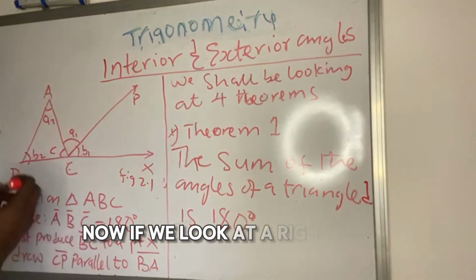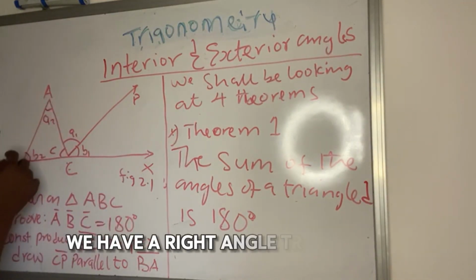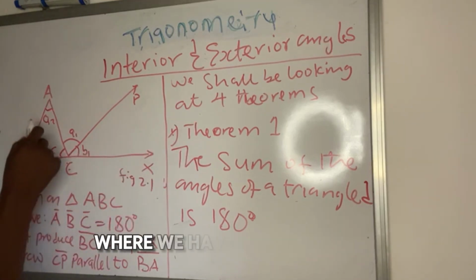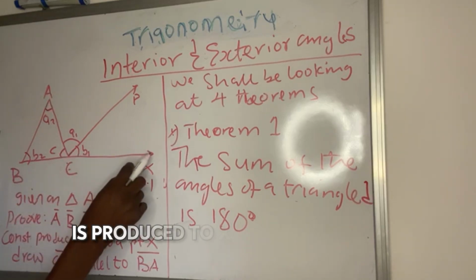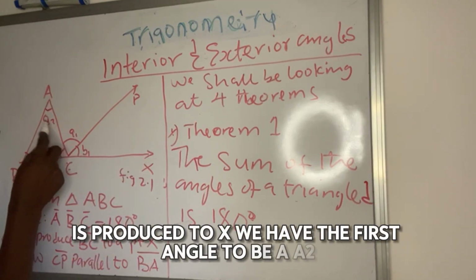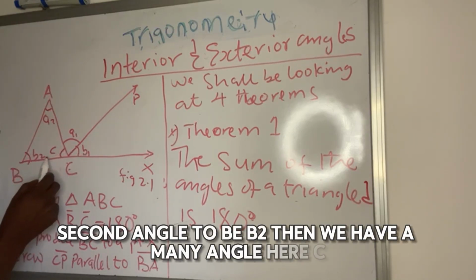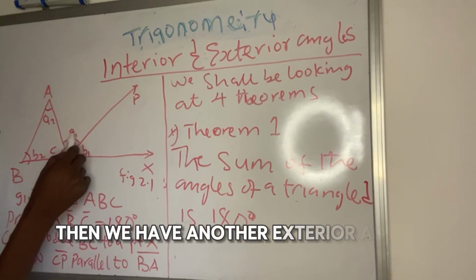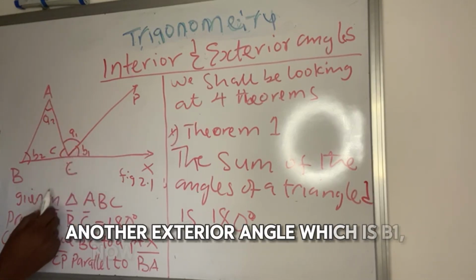Now, if we look at a triangle, we have a triangle here where we have the angle ABC, with BC produced to X. We have the first angle to be A2, the second angle to be B2, then we have a remaining angle here C, then we have another exterior angle which is A1, another exterior angle which is B1.